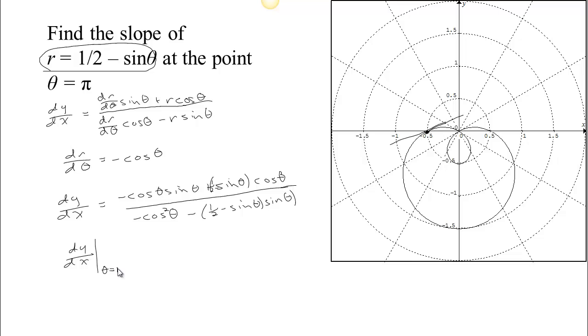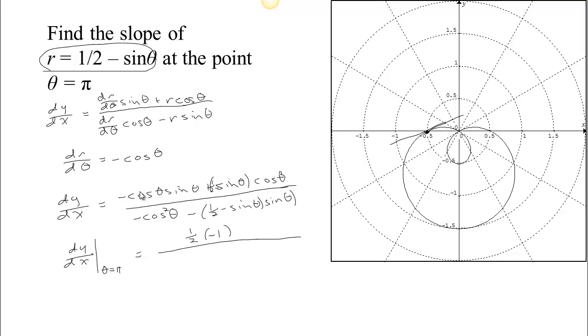Now at our particular point, when theta equals pi, we can plug that in. Let's see what we get. The cosine of pi is -1 and the sine of pi is 0, so this term disappears. And the sine of pi is 0, so that's just 1/2 minus 0. So we have 1/2 times the cosine of pi, but the cosine of pi is -1, so we have 1/2 times -1.